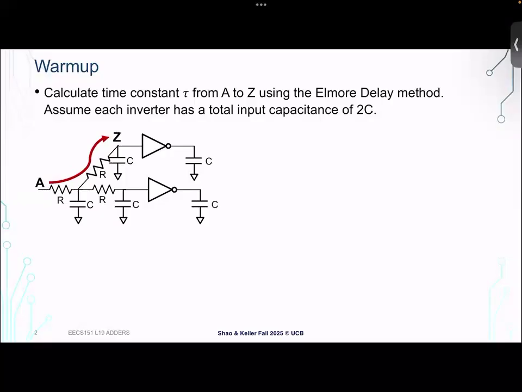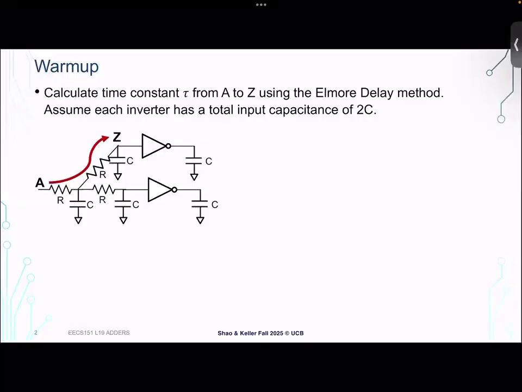So last Tuesday we started talking about wires as a very important and previously neglected component of our delay analysis, which mostly focused on logic gates until then. And to calculate wires, we had this very simple pi model with R's and C's.